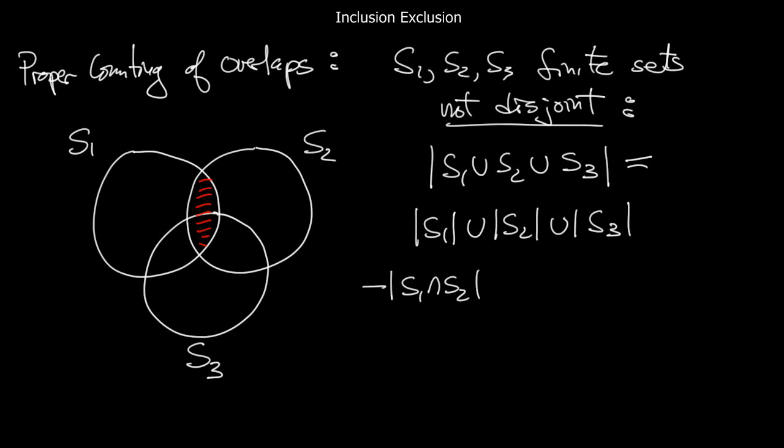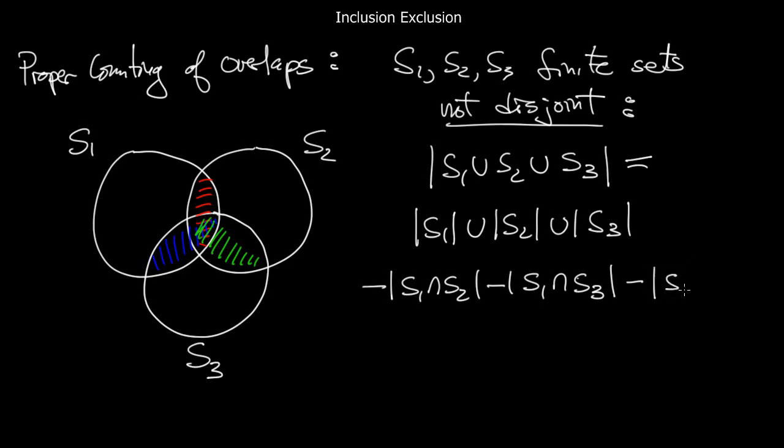And similarly, you've counted this region, S1 intersect S3, twice, so you need to subtract that off because of overcounting. And finally, S2 intersect S3, you've counted twice, and you subtract that off.